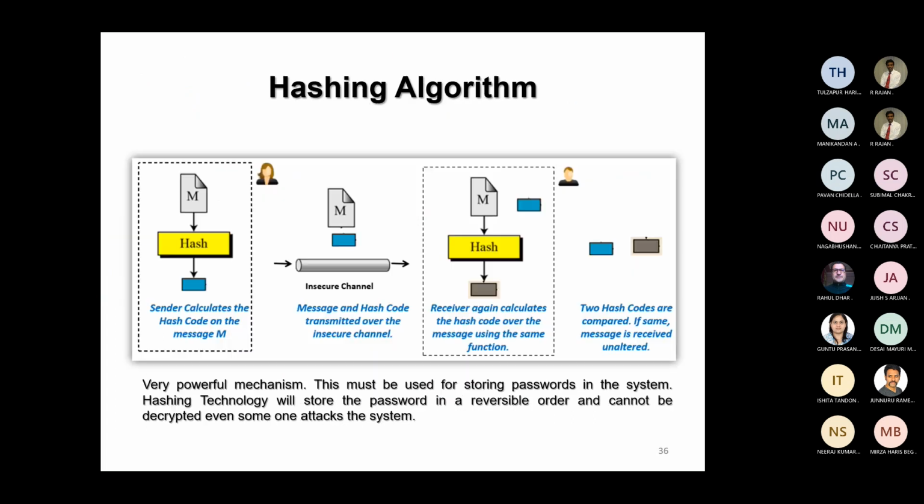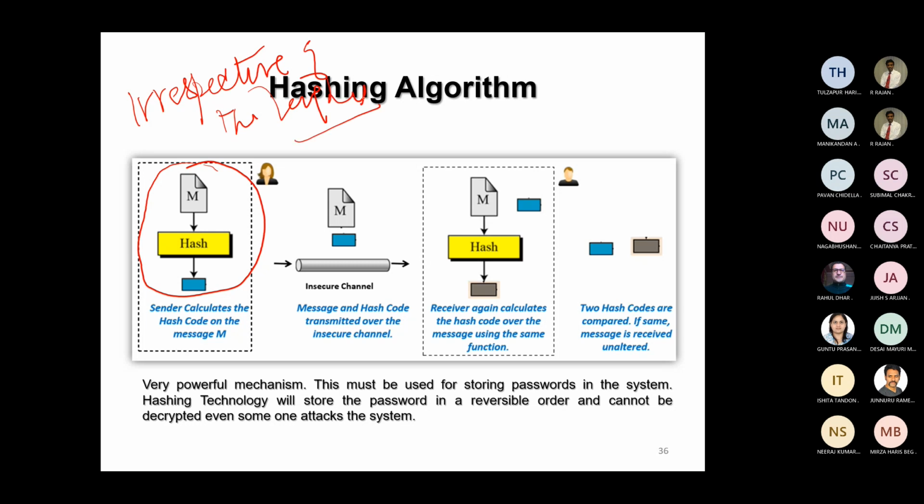All right. Now, how does the hashing algorithm work? Hashing is a mechanism where, irrespective of the length of the message, it could be a message or an image, 1 MB or 200 KB or 5 MB or 1 terabyte, when you apply hashing, the sender calculates a hash code.